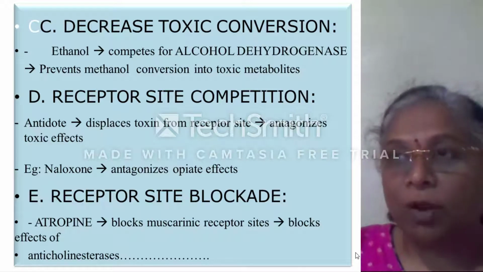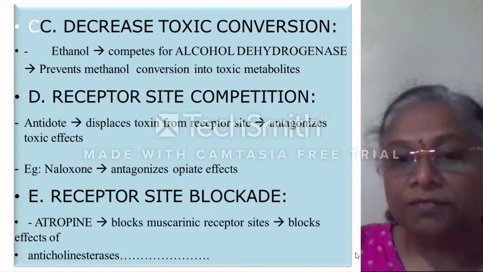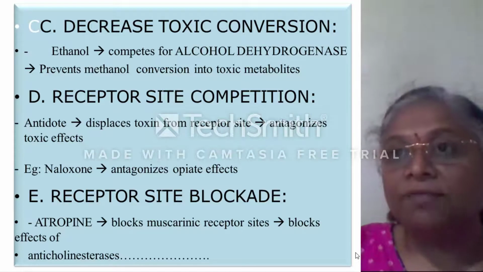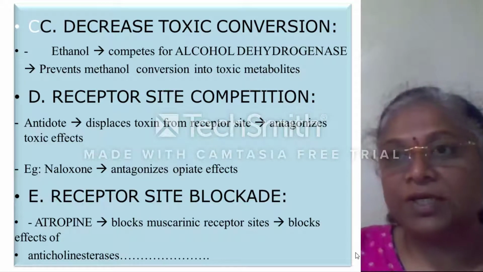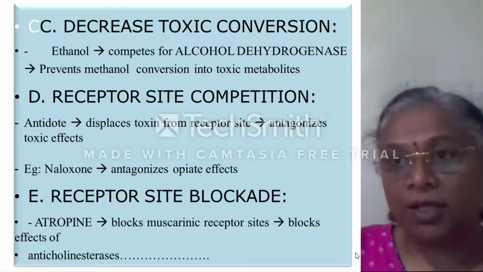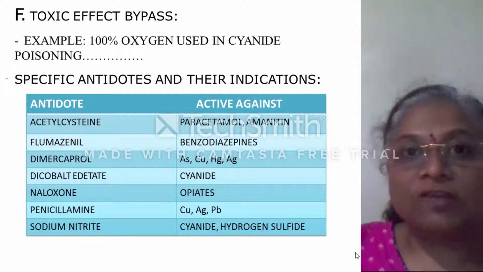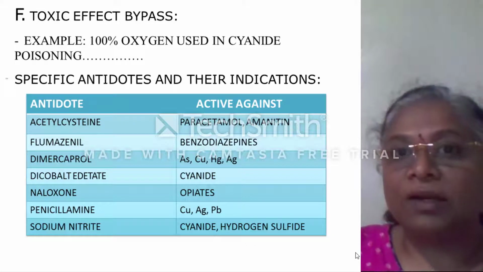Receptor site blockade, like atropine, which will block the muscarinic receptor and can block the effects of the anticholinesterase. Like when there is organophosphorus compound poisoning, the patient needs to be treated with atropine. Atropinization of the patient is required to be done. Toxic effect bypass, for example, 100% oxygen use in cyanide poisoning.